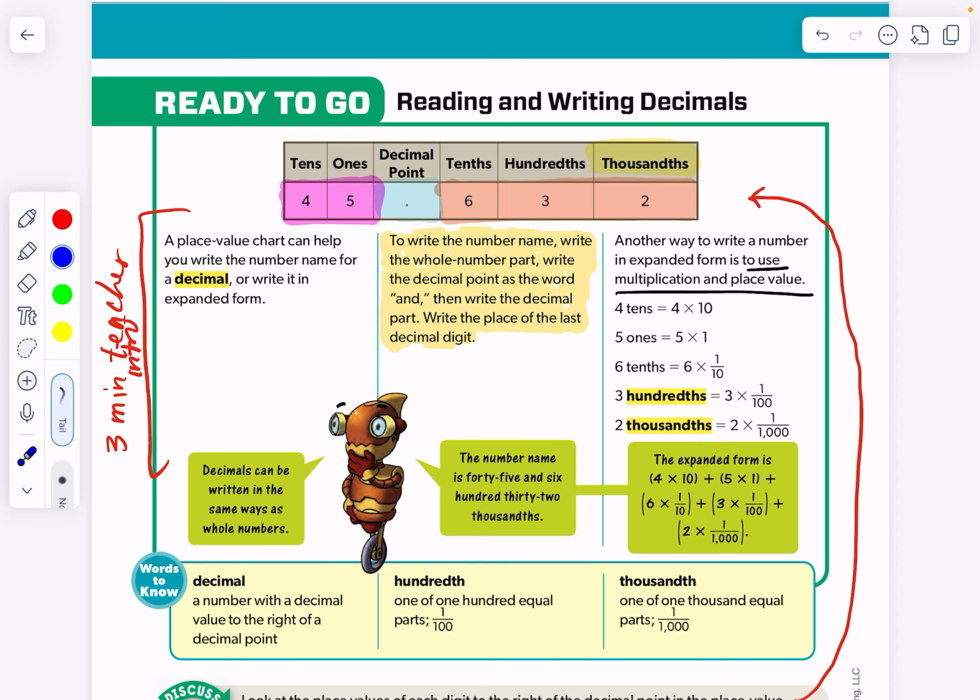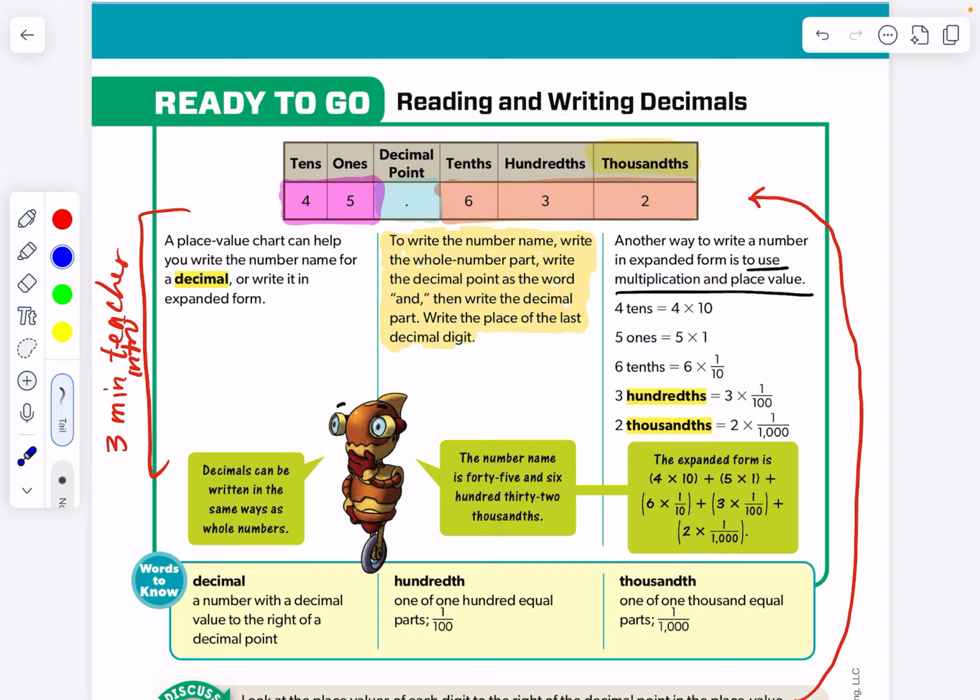And then when we add up each of those multiplication sentences, that is what equals our number. Right? So 4 times 10 is 40, plus 5 gives me the 45, right? So when I add up all those multiplication sentences, it will give me this number right here.